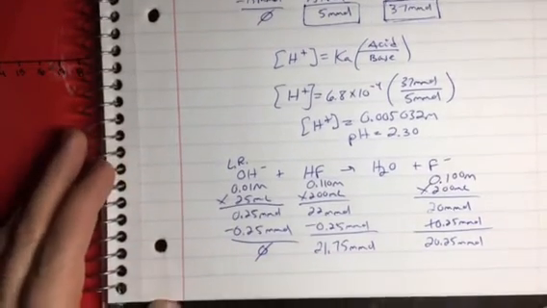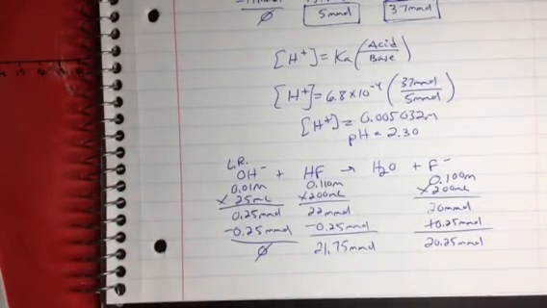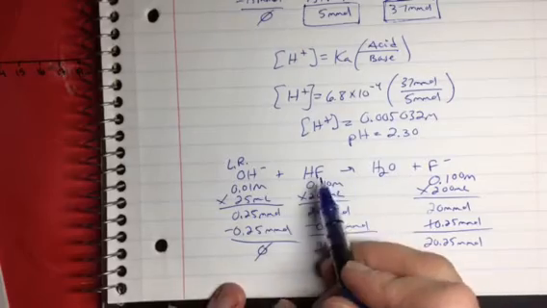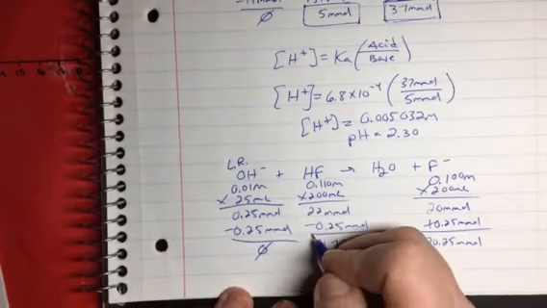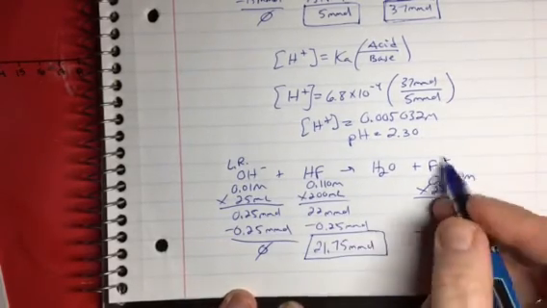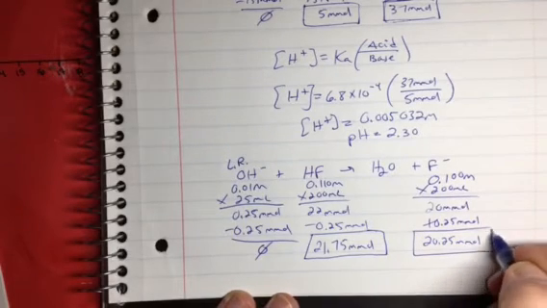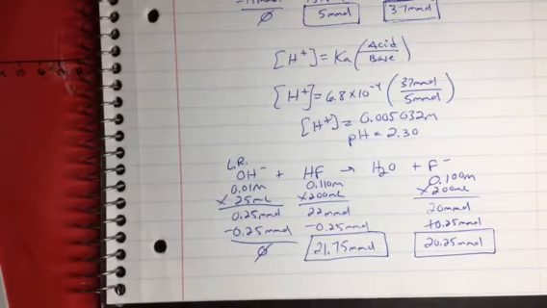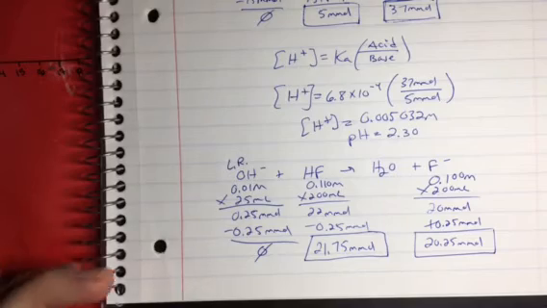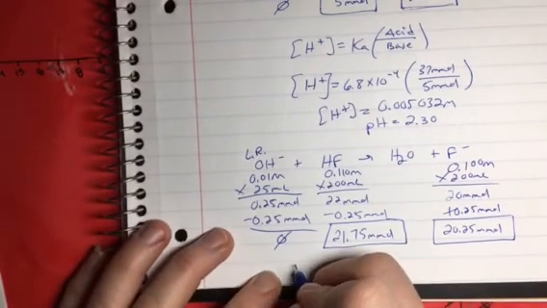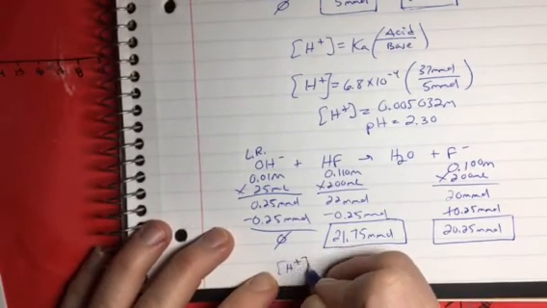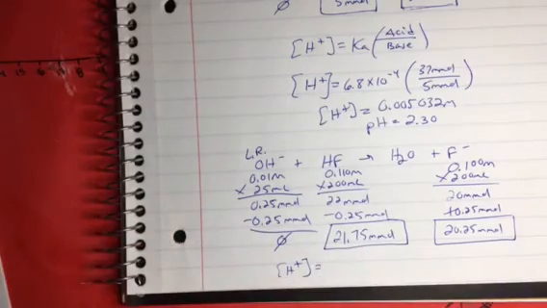And again, we look at what we have and we ask ourselves if it's a buffer. So because I have excess weak acid that hasn't all reacted and conjugate base ions that are still there, we have a buffer. So we just go ahead to our buffer equation and we set up H concentration is equal to Ka times the acid over the base.